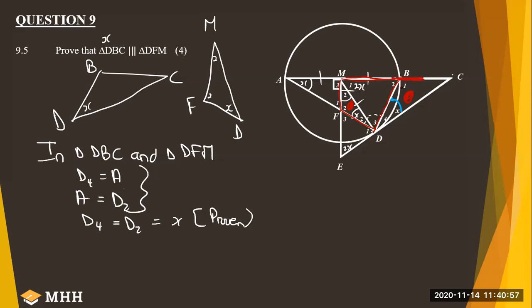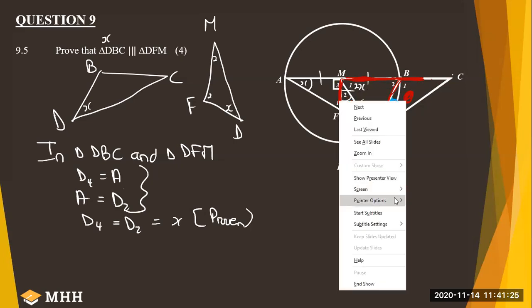I can say something about B1, but I can't really say something about C because we haven't worked with C. B1 will be equal to F2. It's the exterior angle of this cyclic quad, because we proved that this was a cyclic quad. So it forms an exterior angle equal to the opposite interior angle. And then we are sorted.